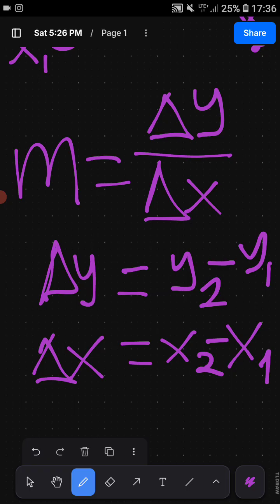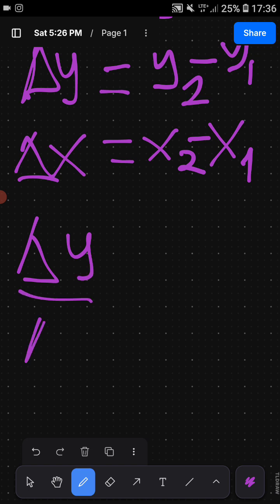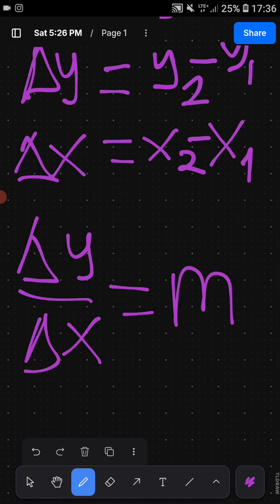So now an expression of the ratio between delta y and delta x, where delta means change, is going to give us m, and this m being the gradient describes how steep the line is.